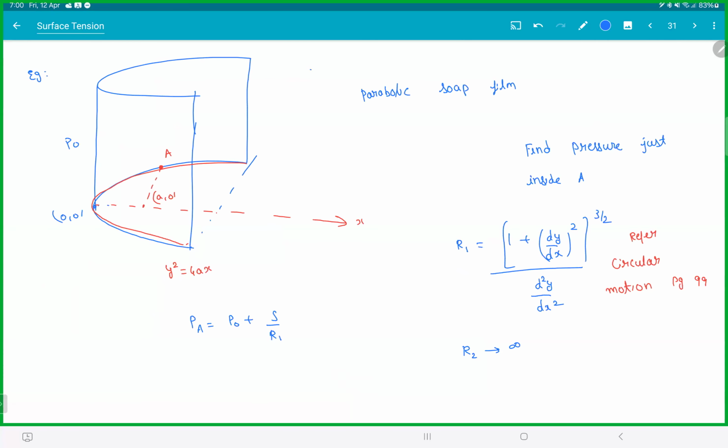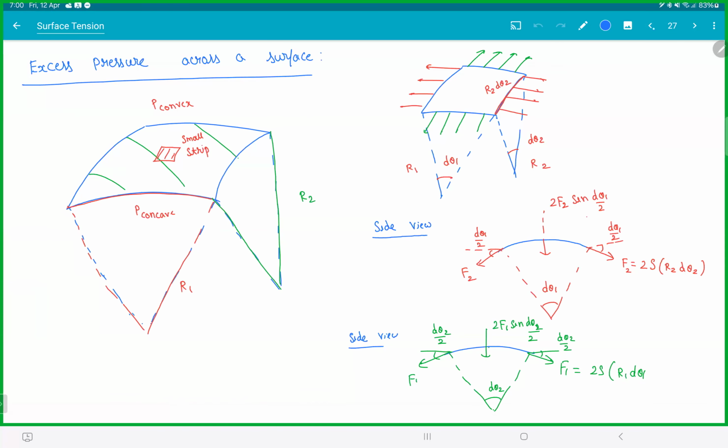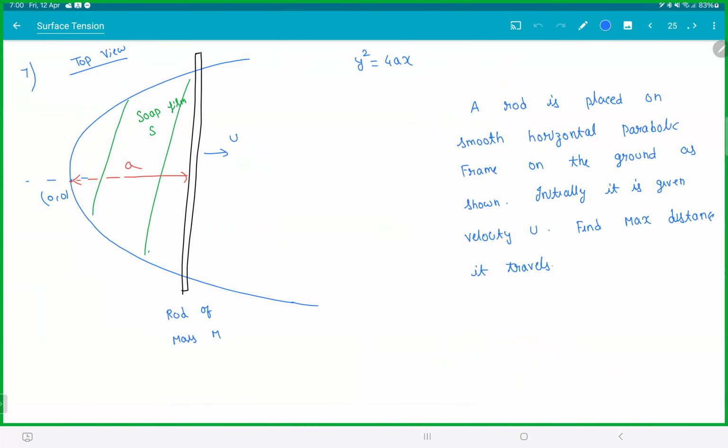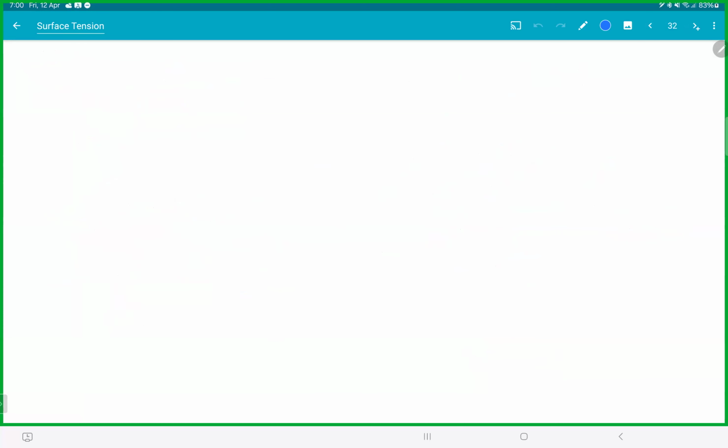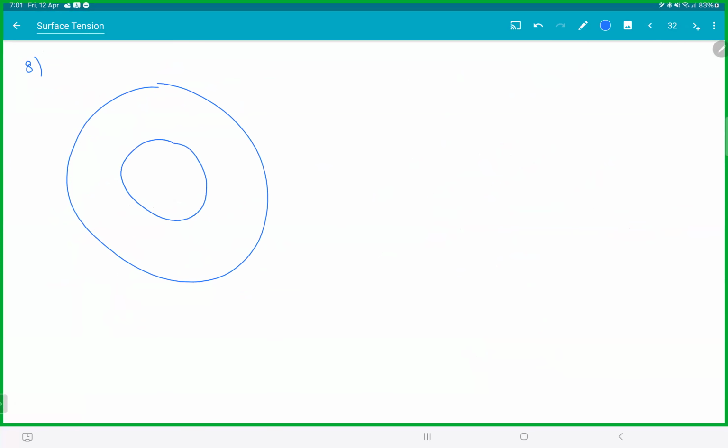Come on, everyone. So let's say we have a bubble and we have one more bubble inside. This is R. This is 2R. Outside is P naught. So we have concentric soap bubbles.